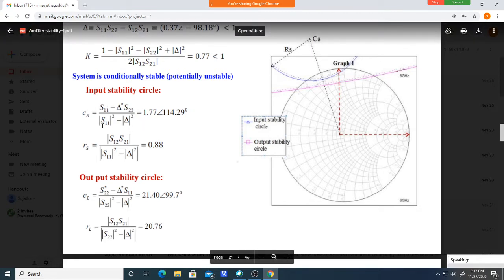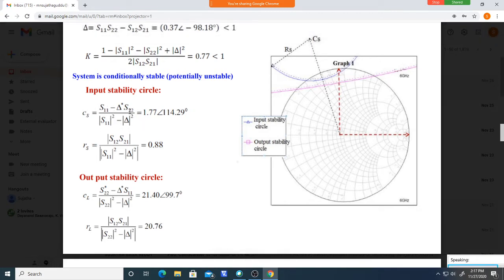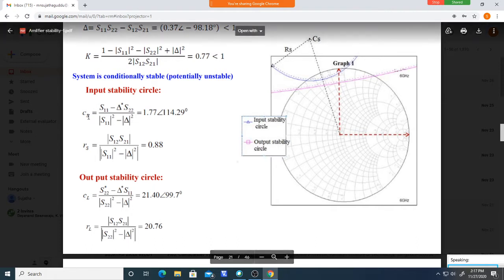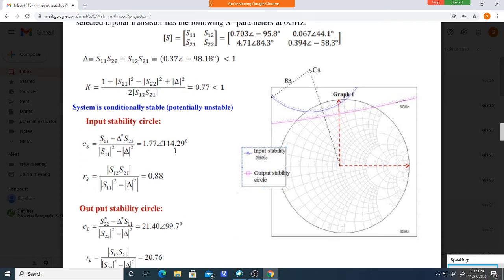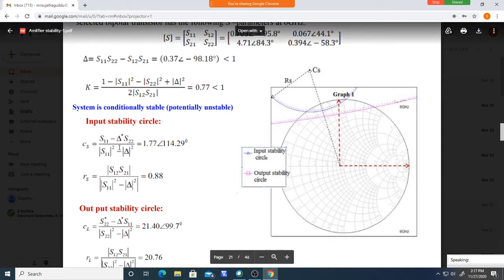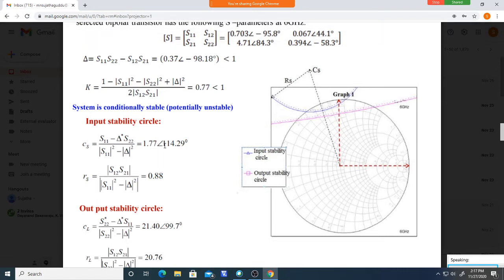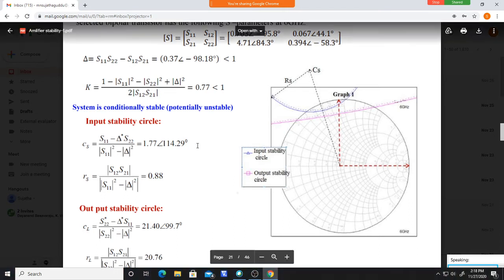Substitute the values of S11, delta, S22, and you will get the center of the circle as this, and the radius of the circle is 0.88. So CS is 1.77 at an angle of 114.29. It is the center of the input stability circle.